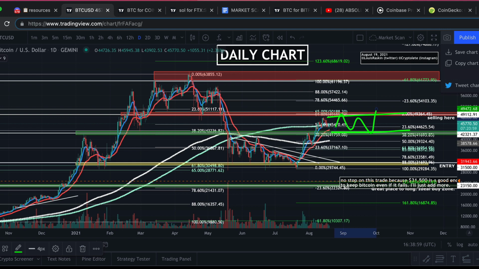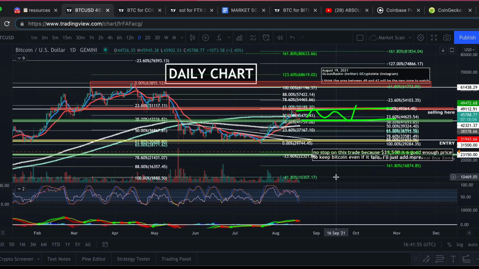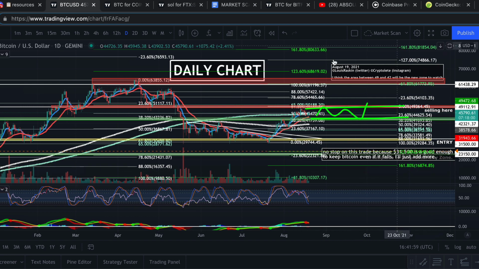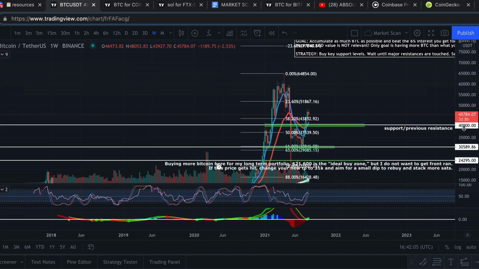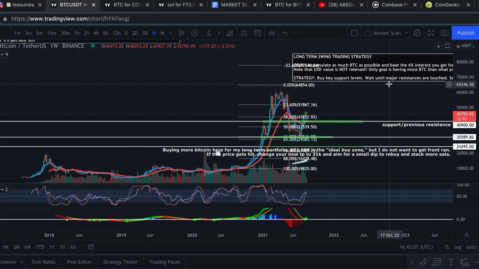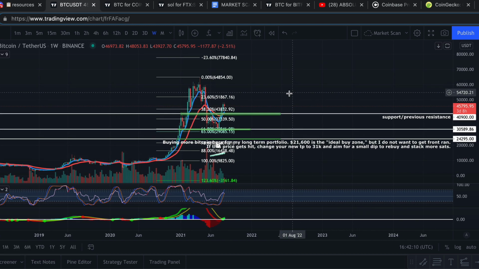So let me copy this chart real quick. And let me actually do something. Yeah, that's what I'm thinking. If I go down to my investment account, 40,000 is really like my investment portfolio.